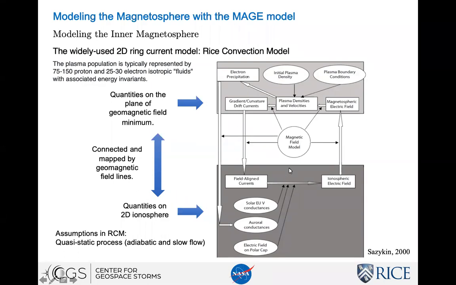All the fluid channels are considered at the equatorial plane, but you can map them to the ionosphere by the geomagnetic field lines. It is also important to remember the RCM requires certain assumptions of quasi-static processes, which means the process should be adiabatic and slow flow.